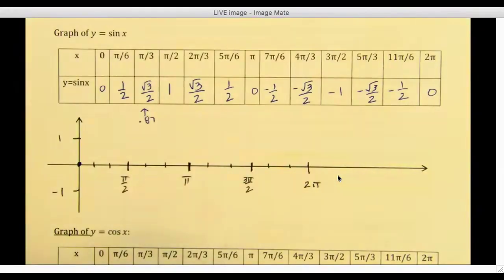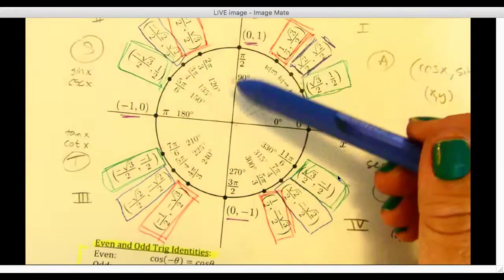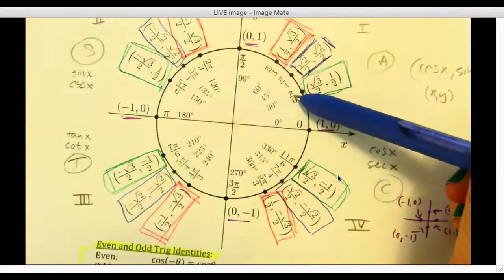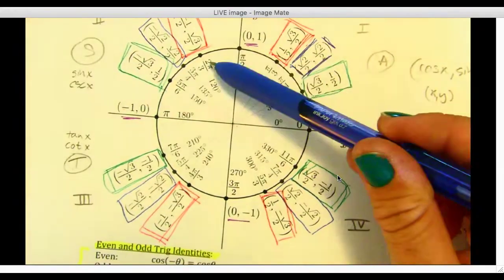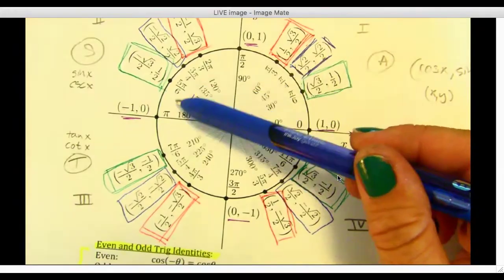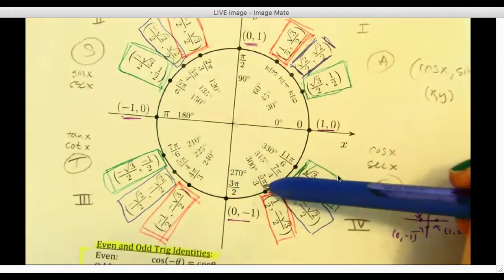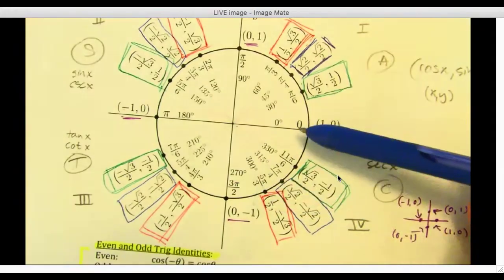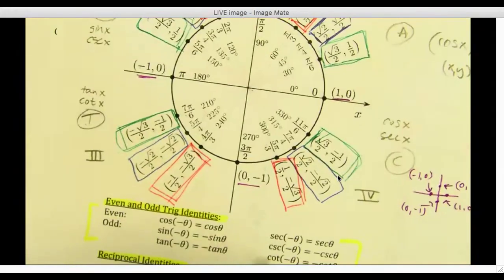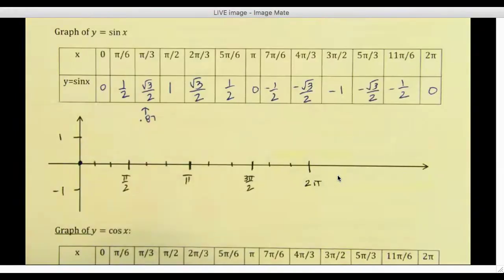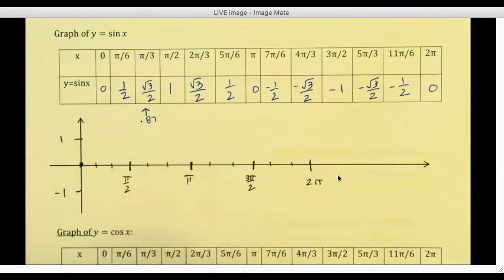So if you're thinking about your unit circle, what we're doing is counting around that unit circle, back to 0, or 2 pi. So that's what we're doing here, and we're plotting those points.